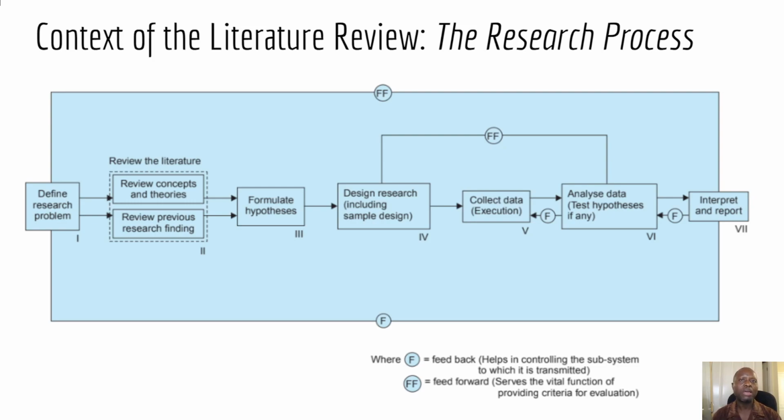One of the reasons is to establish that indeed that's a research problem, to confirm that others have identified that problem, and to look at others who have tried to look at that problem and establish how far they have gone. This allows you to clearly define your scope and so on.